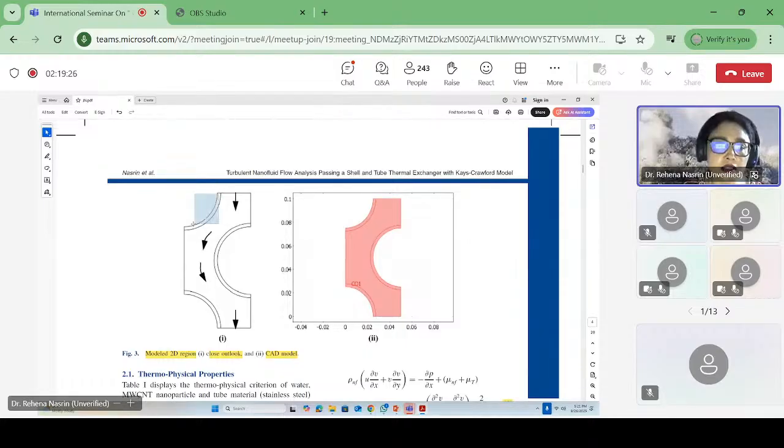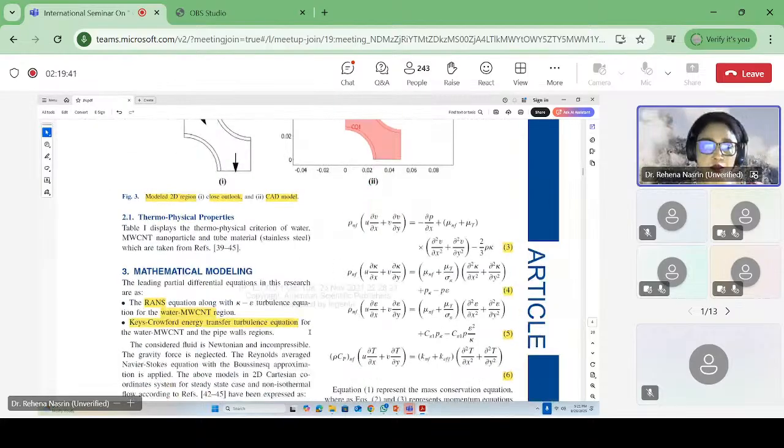This circular part is the pipe boundary, and the free pipe domain. Here we use the k-epsilon turbulence model to analyze the turbulent flow.